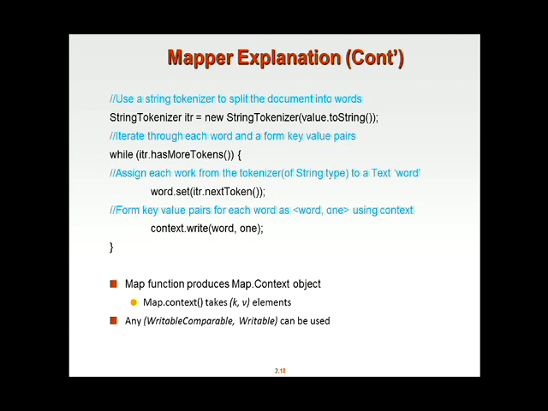As a result, the keys can be sorted by MapReduce because they're comparable, and they can also be written to the file systems because they are writable.